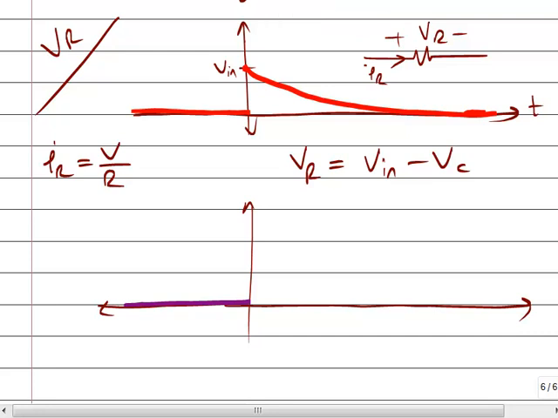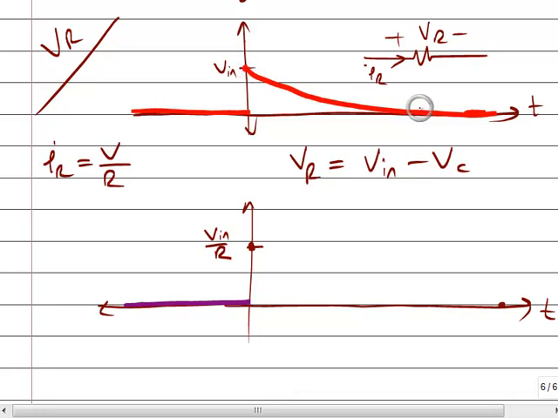If voltage is V in, current is V in divided by R. So the value of the current here is V in divided by R. The voltage of the resistor is 0 as t goes to infinity, so current should be 0 as t goes to infinity.